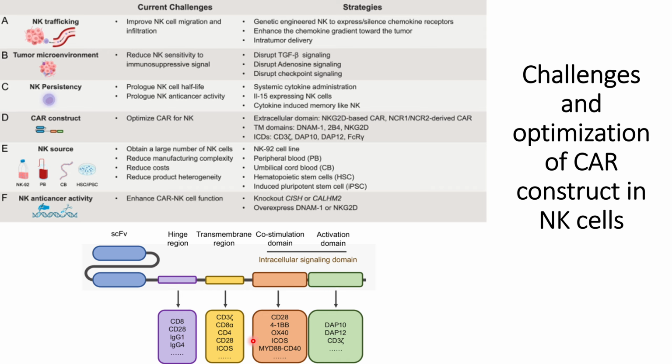For the co-stimulatory domain, CD28 and 4-1BB are preferred for T cells, whereas in NK cells, CD16 is preferred. Similarly, for the other activation domains, CD3 zeta is preferred for T cells, whereas DAP10 and DAP12 are preferred for NK cells.